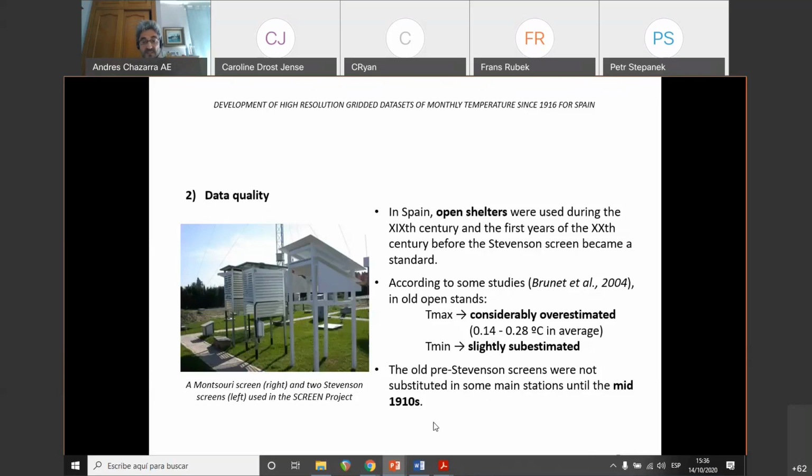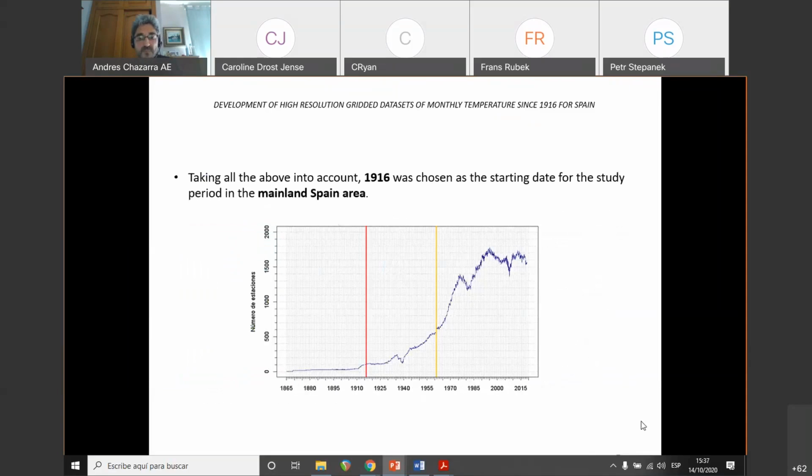And we know that in Spain, the old pre-Stevenson screens were not substituted in some main stations until the mid-1910s decade. So finally, we chose 1916 as the starting date for the study period in the mainland Spain area.